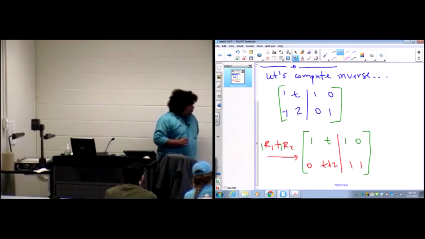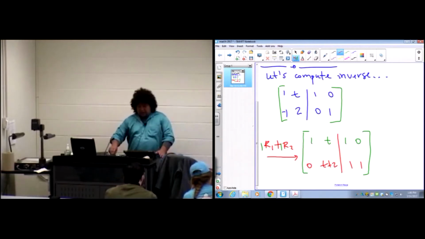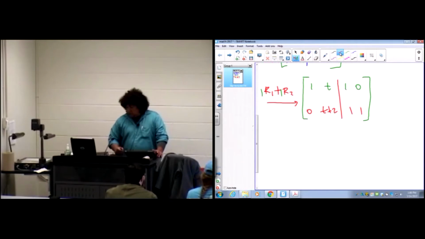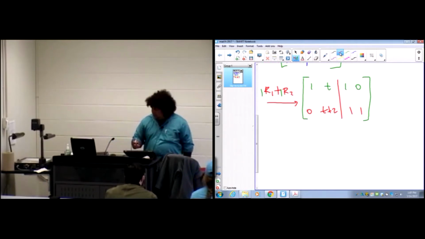If it is a number, complex number, that is not 0, then I can divide by this number. Then let's do 1 over T plus 2 times the second row.